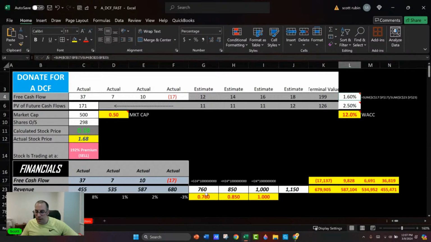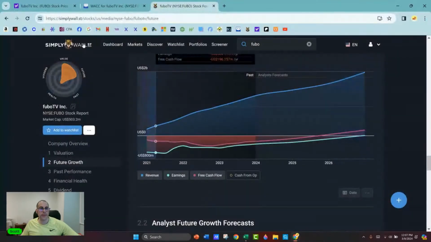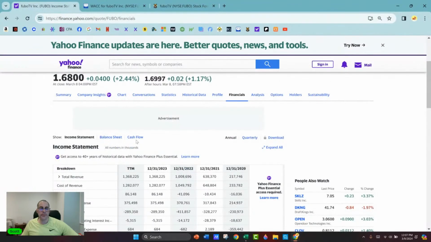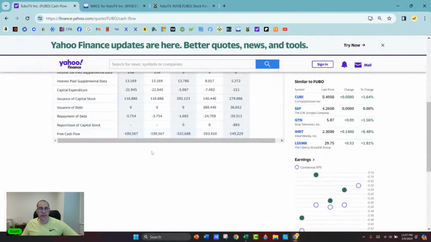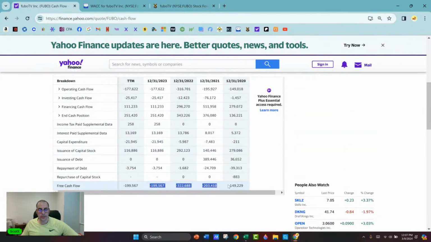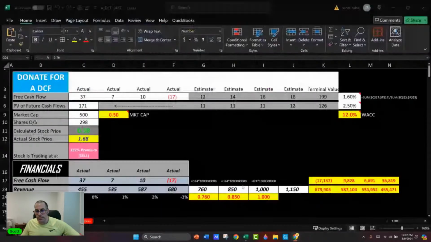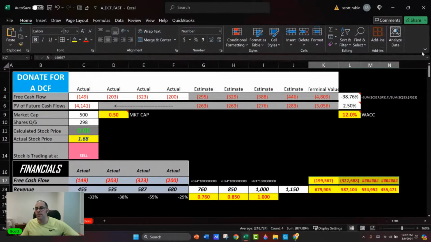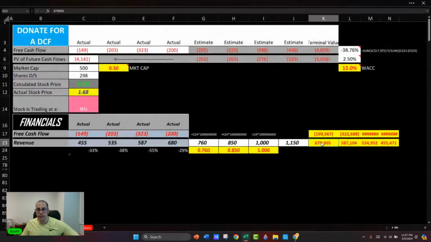I can't do my free cash flow model because they don't have growing revenue or positive free cash flow. It's hard to value a company with negative numbers every single year.